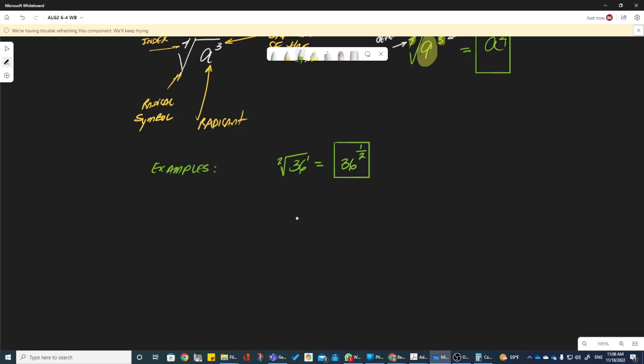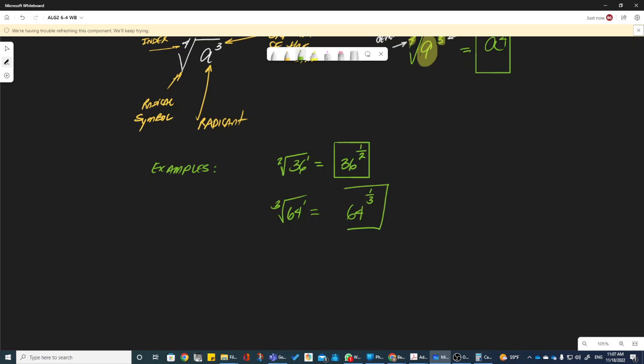If you got 64 and then it's the cubic root of 64, the exponent of the radicand is 1. So you got to put the 64, which is the radicand, and elevate it to the exponent, which is going to be a fraction. You're going to put this one on the top as the numerator, and this one on the bottom as the denominator.